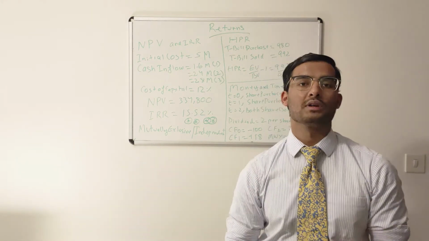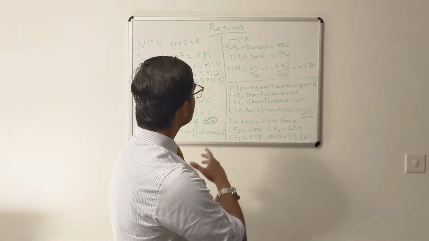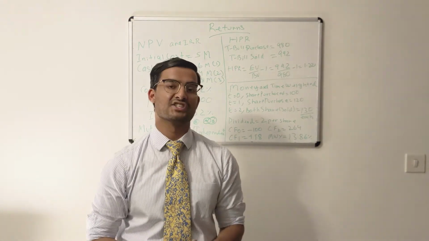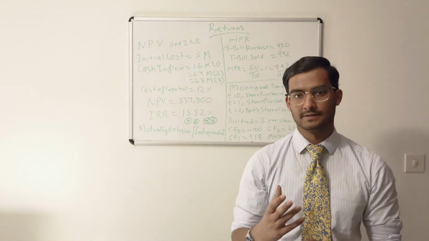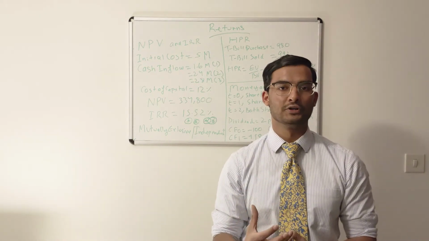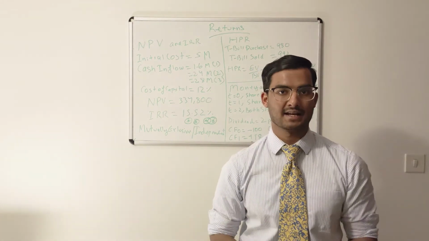Okay? Now I would like to take you to a second concept known as holding period return, the acronym HPR. Holding period return is the overall return an investor makes on his or her portfolio, or on an investment made in an asset.